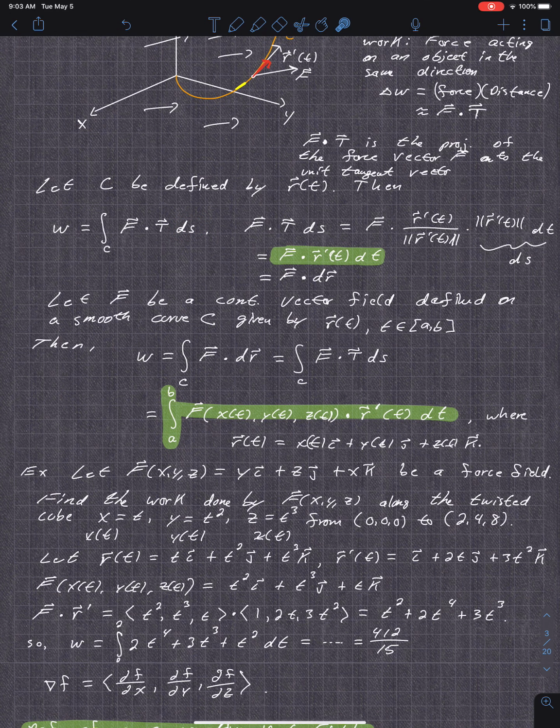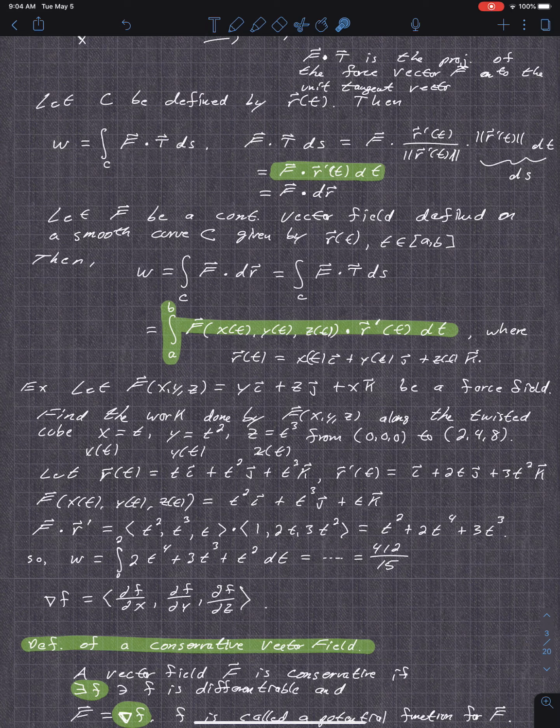So here's a little derivation of how to get that. F dot T ds. Here is T, ds is this. These reduce, and so this is the evaluation formula you want to use. Let F be a continuous vector field defined on a smooth curve C given by R of t.